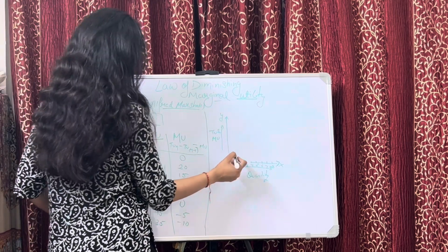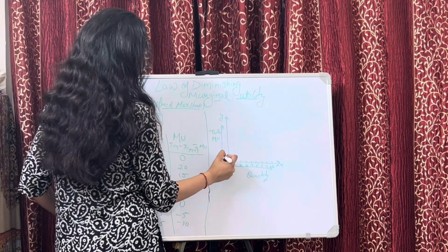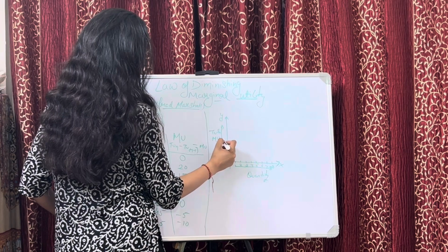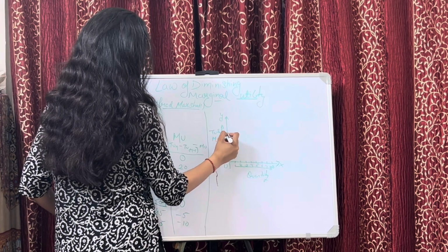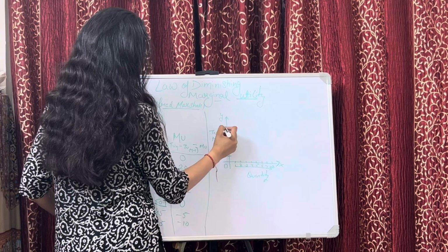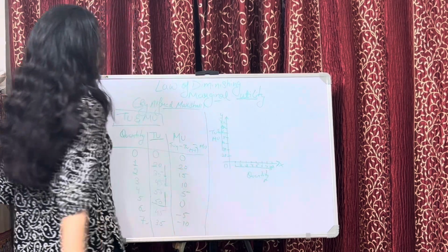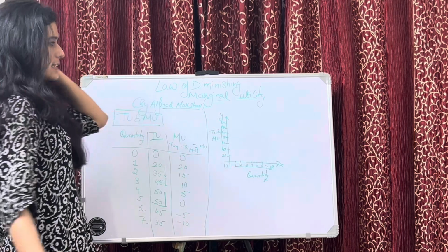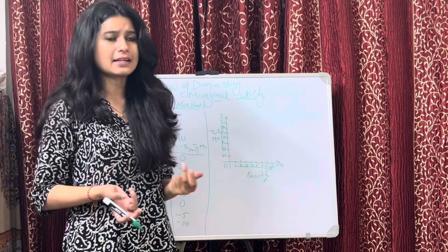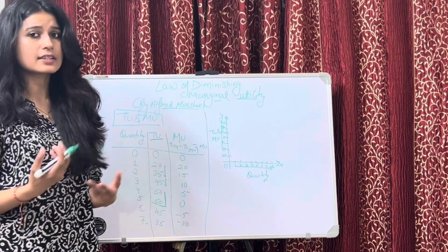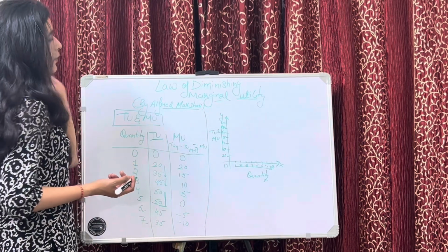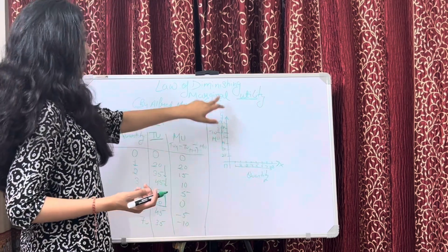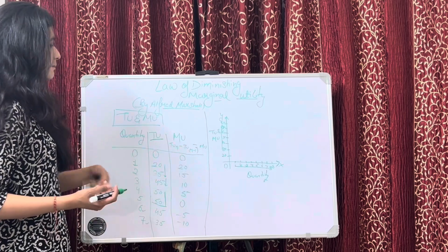And here, let's suppose we'll take from 20 itself: 20, 30, 40, 50, 60, 70 and 80. This is a basic diagram. I hope you have learned in your mathematics also how to draw graphs. It is simple. I am drawing the graph. So here I am representing the quantity, and here I have represented the total utility and marginal utility.